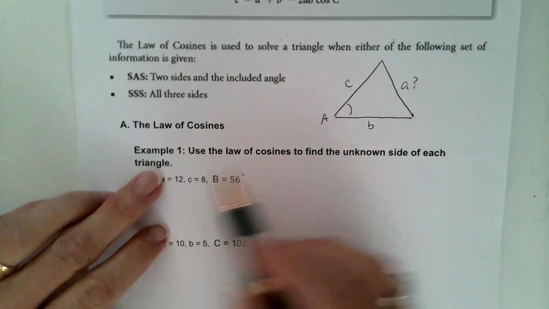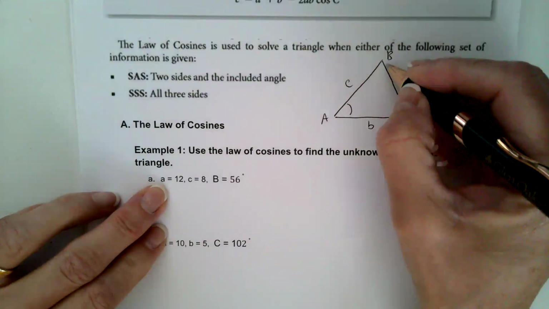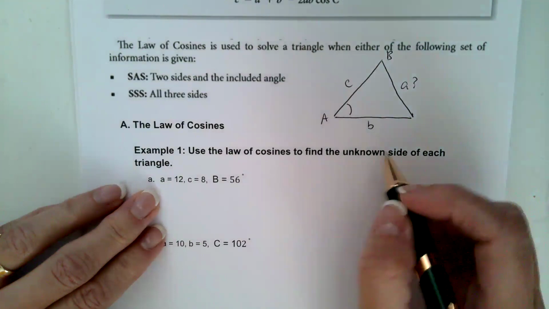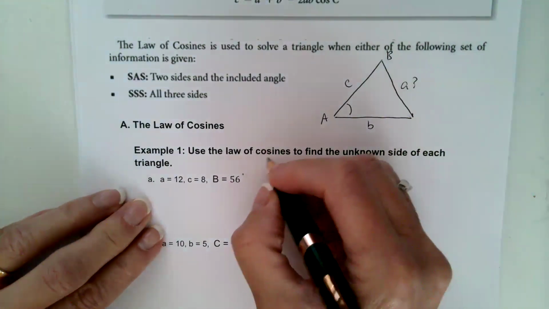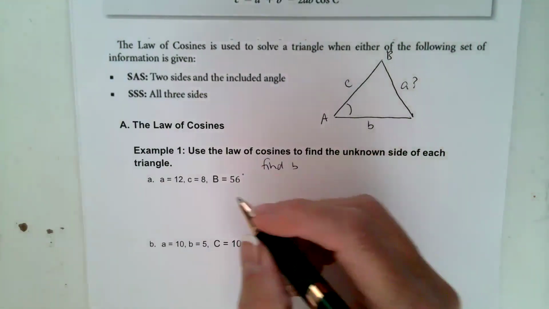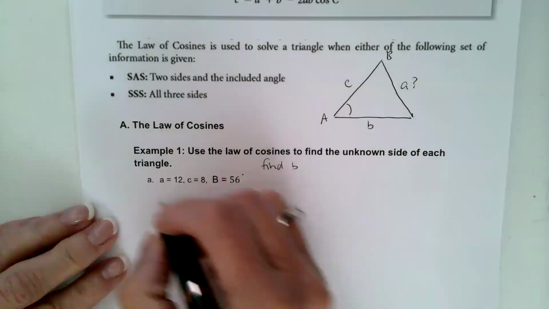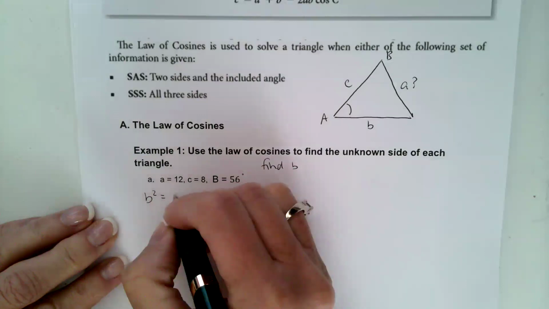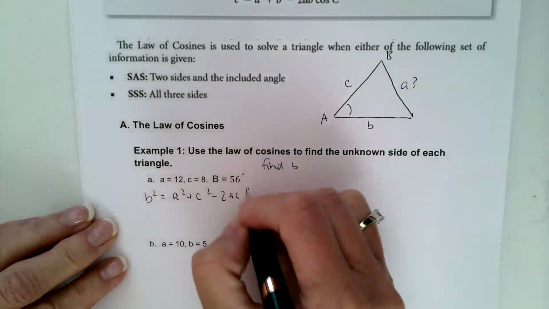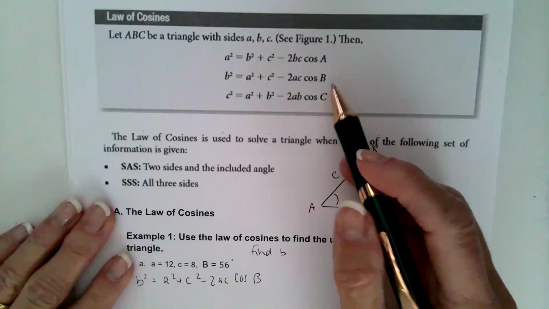So we're given side A, side C, and angle B. So find side B. We know that B squared is equal to A squared plus C squared minus 2AC, the cosine of angle B. Okay, we know that from the law of cosines up here.